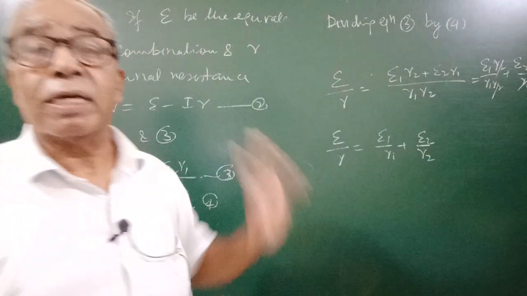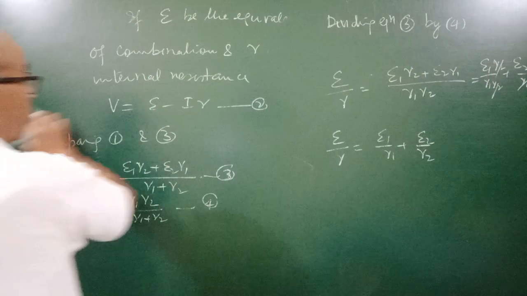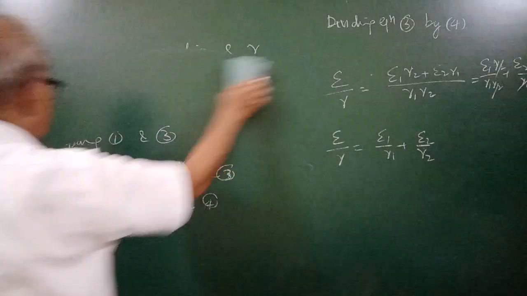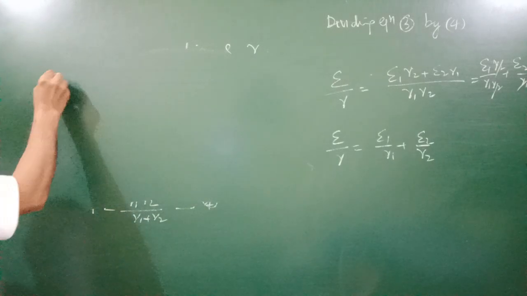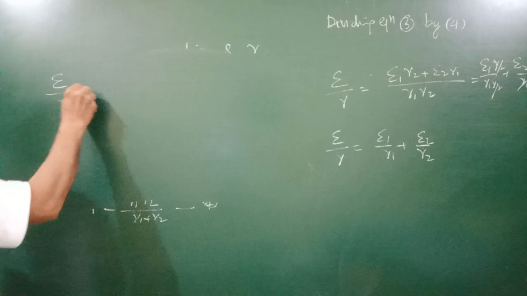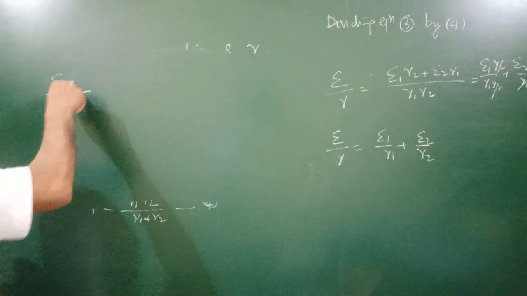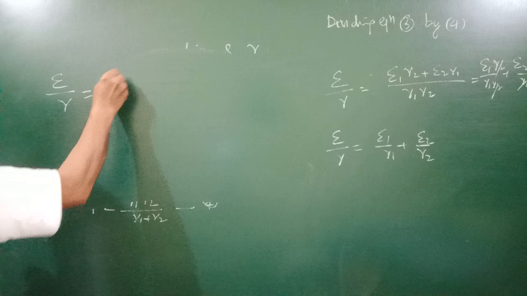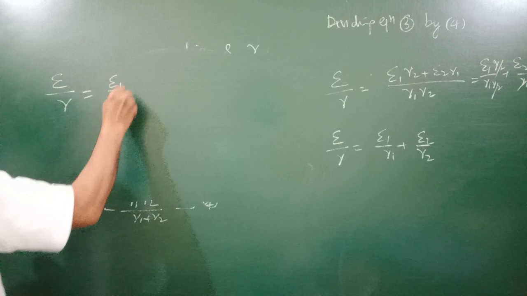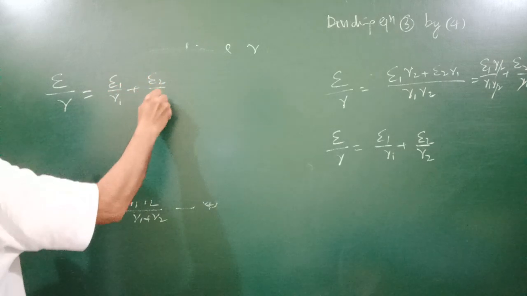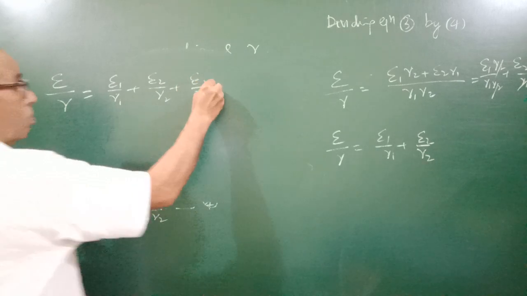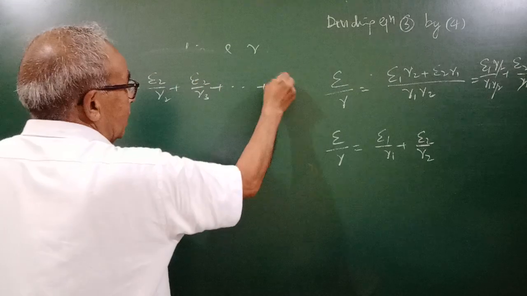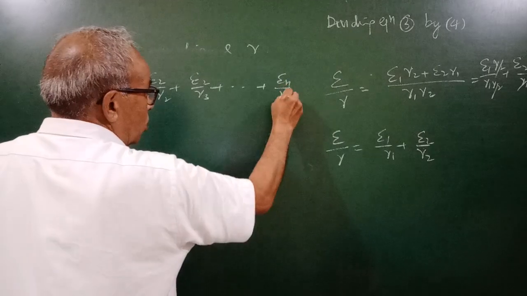If n unidentical cells are connected in parallel, then equivalent E upon R, where E is the equivalent EMF and R is the equivalent resistance, equals E1 upon R1 plus E2 upon R2 plus E3 upon R3 plus so on up to plus En upon Rn.